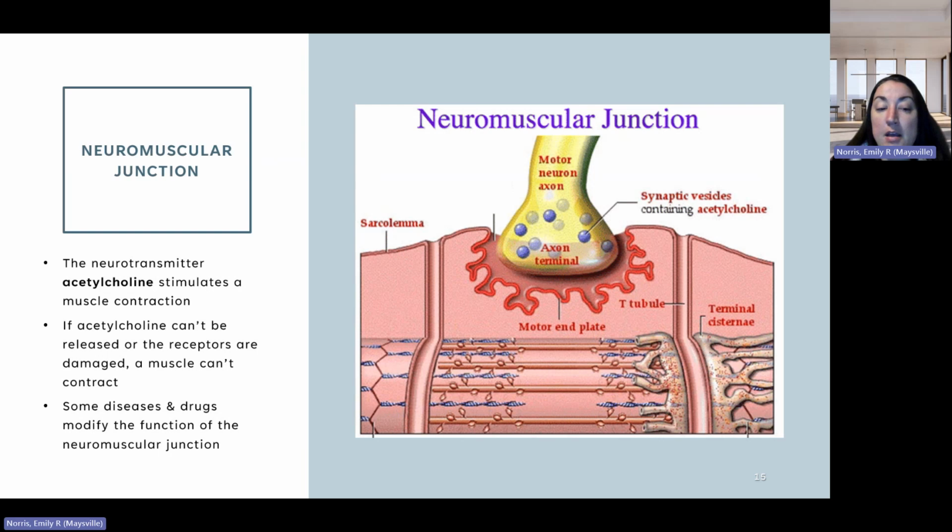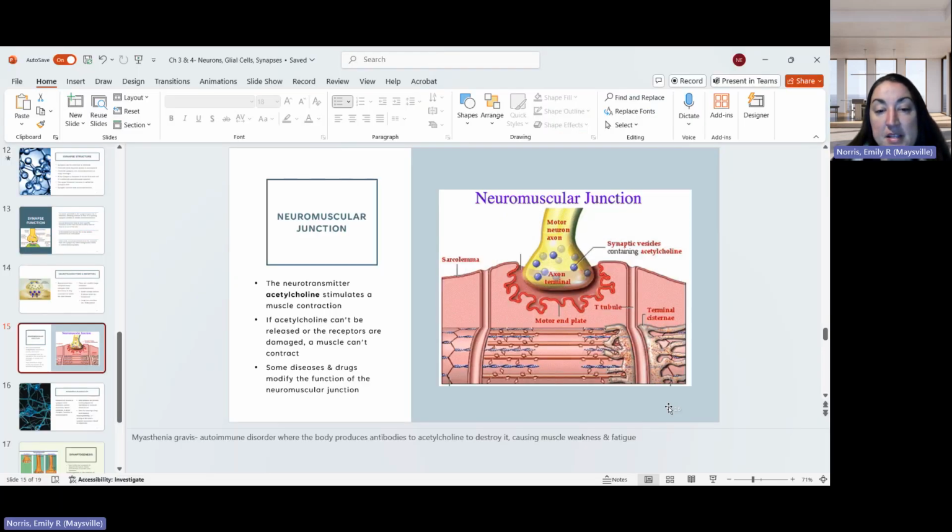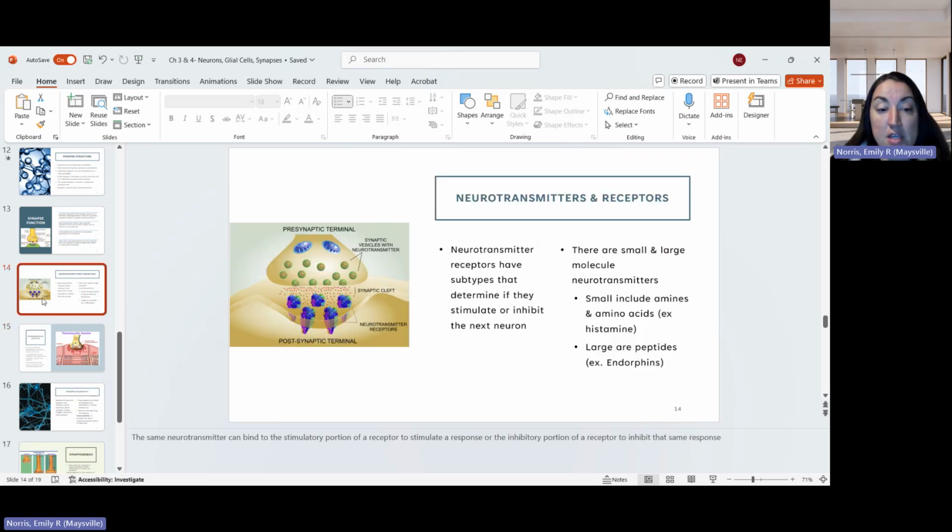Some diseases and drugs modify the function of the neuromuscular junction. One example is myasthenia gravis. That's an autoimmune disorder where the body produces antibodies that destroy acetylcholine receptors and causes muscle weakness and fatigue.